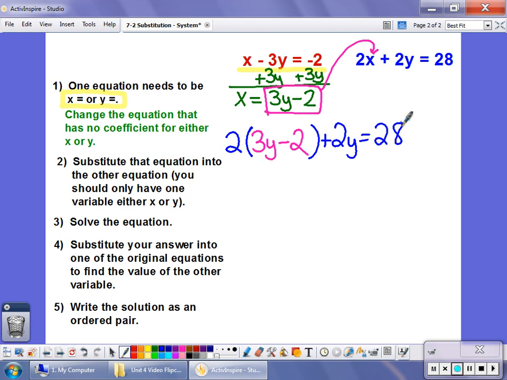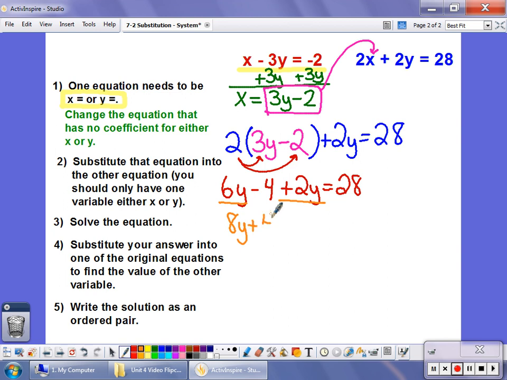Once I've made my substitution, now it's time to use my distributive property. So I'm going to end up with 6y minus 4 plus 2y equals 28. I need to combine like terms. So 6y plus 2y gives me 8y.